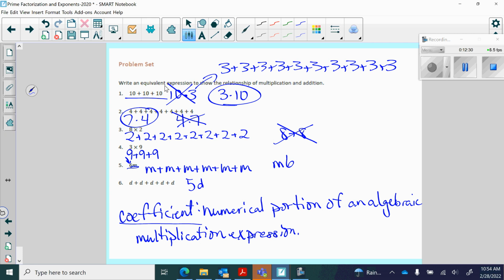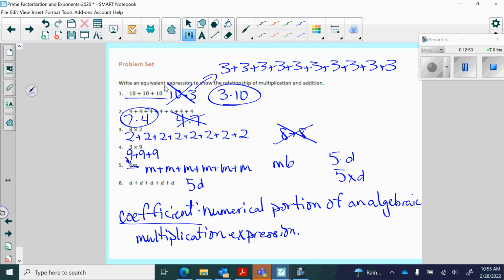Guys, listen up. There are 2 other pieces on this. Do I write this as 5.D? No. Do I write this as 5xd?